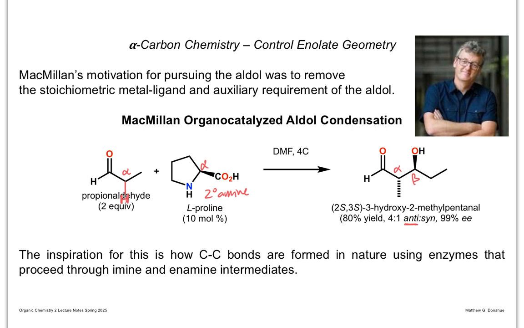So I'll give you a hint. You have H, H, and O. So that forms water. So it's a condensation product. A secondary amine plus an aldehyde lose water to form an enamine.